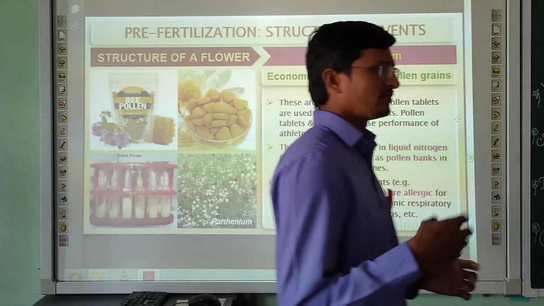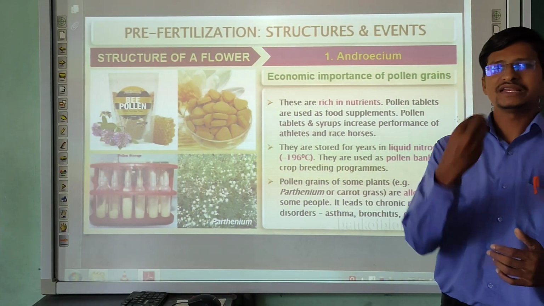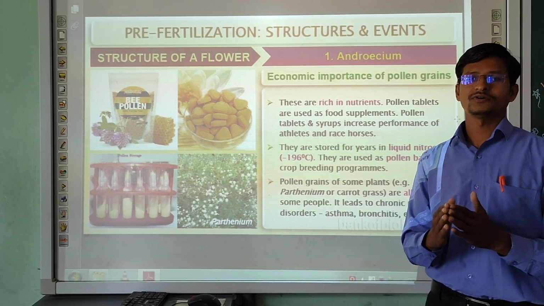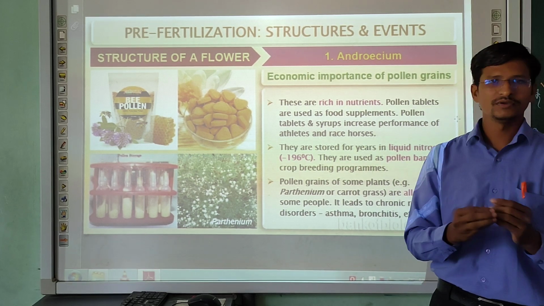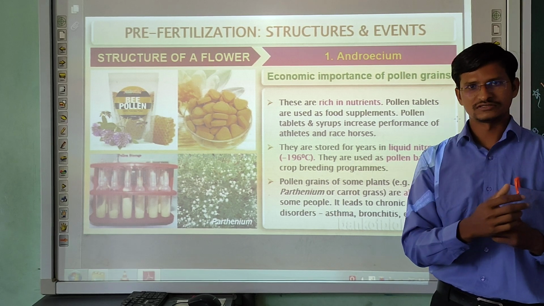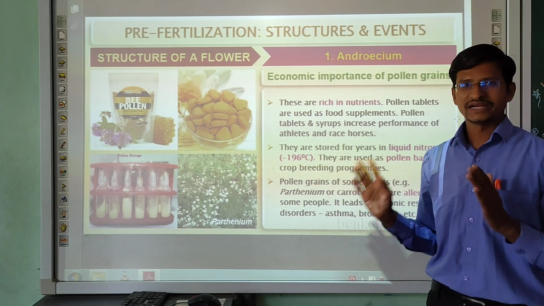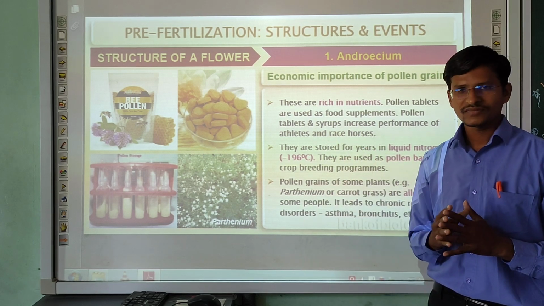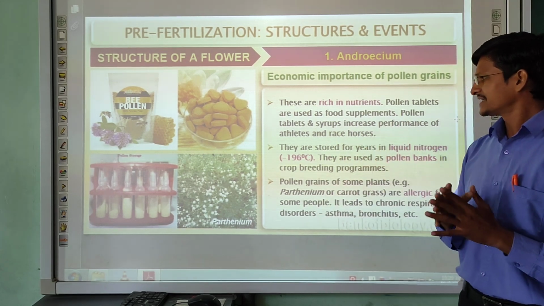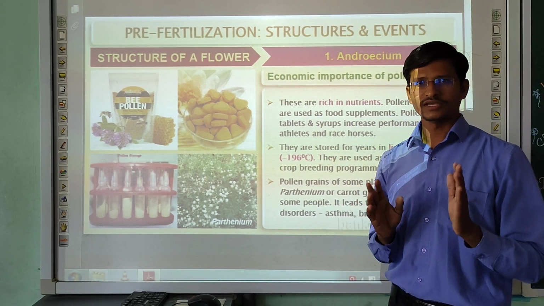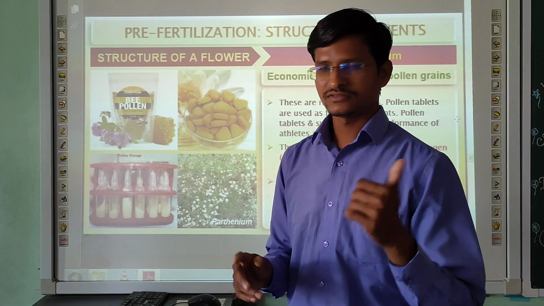But taking pollen products without diagnosis can be dangerous for people, so you must consult a doctor and only then go for this type of syrup or tablets. Without consulting a doctor, don't go for it.